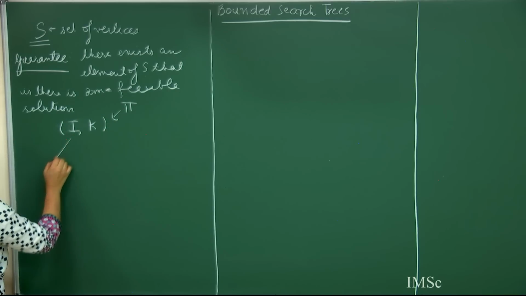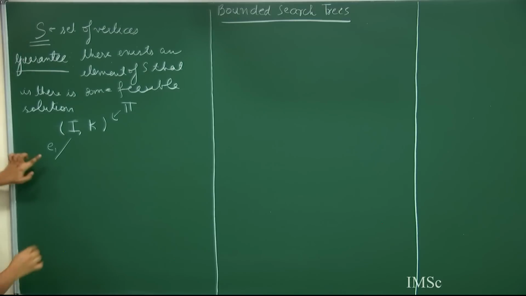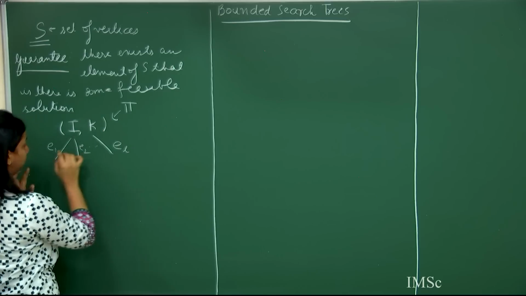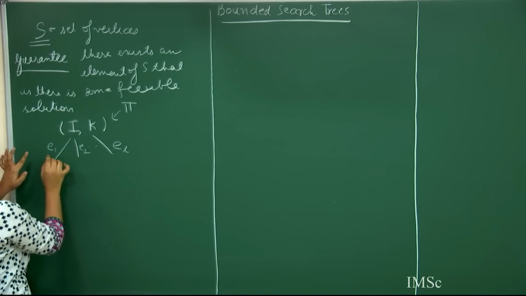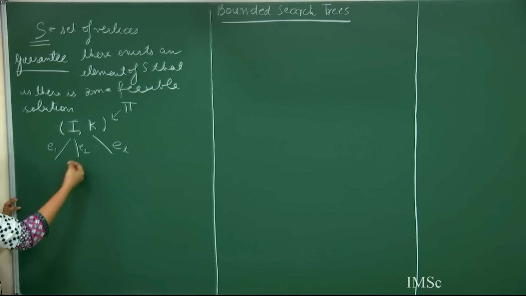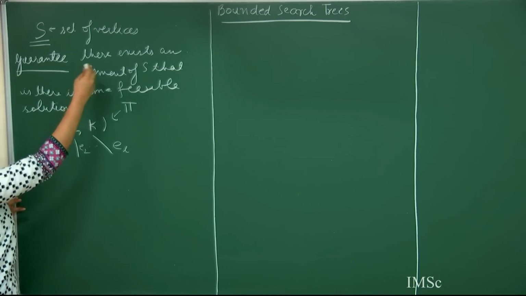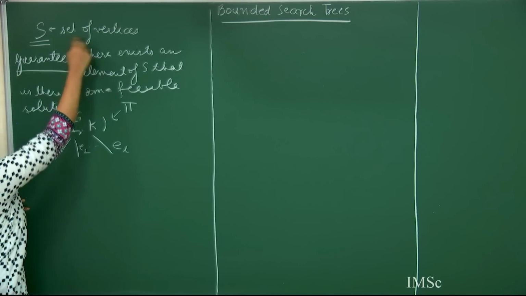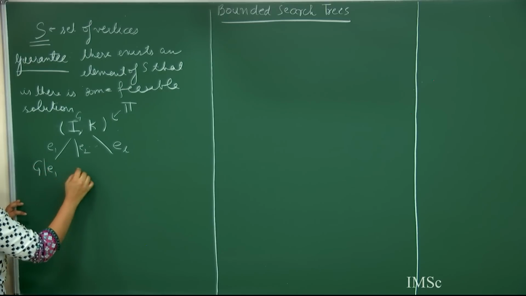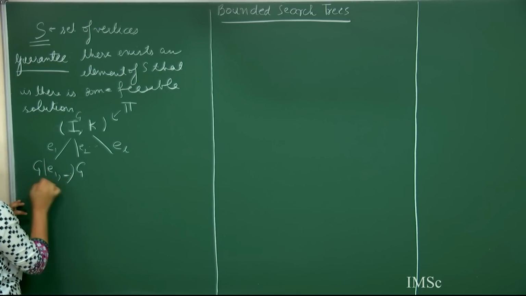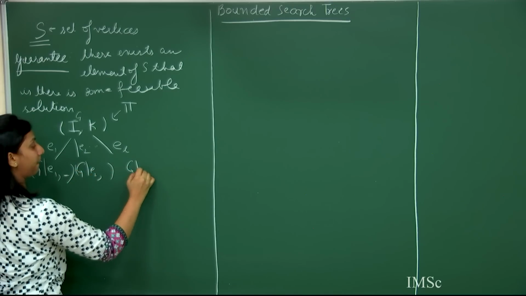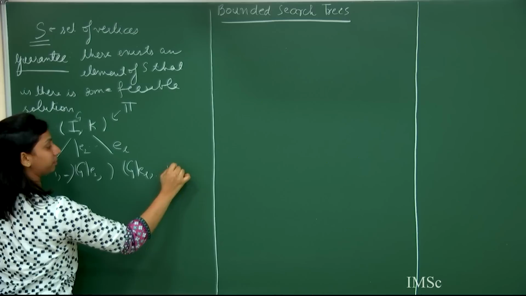I look at each element in S, say e1 is one element in S, e2 is another element, and say some eL, so suppose e1 to eL are the elements of S. I look at each element of this set S, and I create another instance. Suppose this instance is a graph because I'm looking at a set of vertices. I create another instance where e1 is removed. I have to talk about the parameter. e2 is removed, talk about the parameter, and eL is removed.